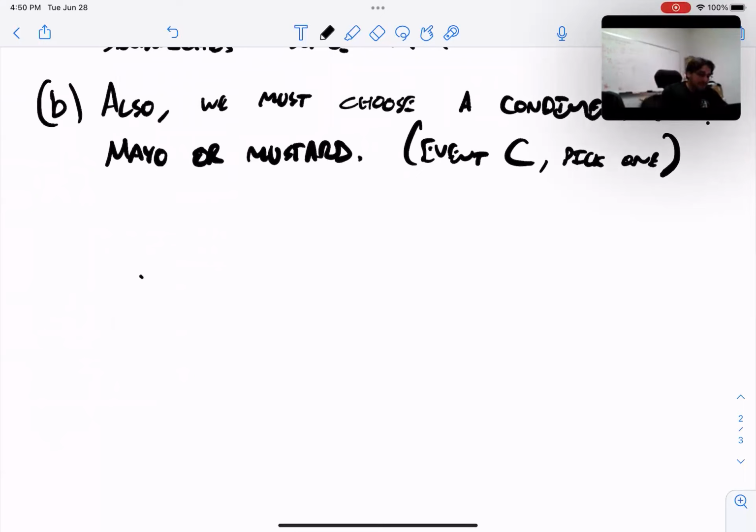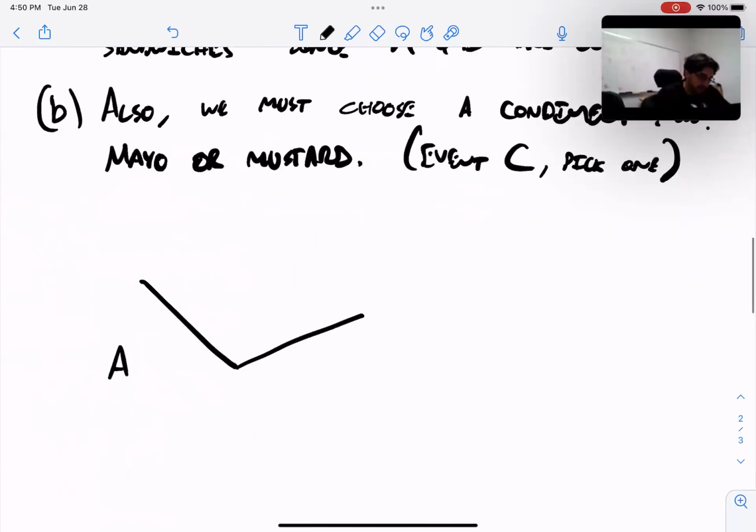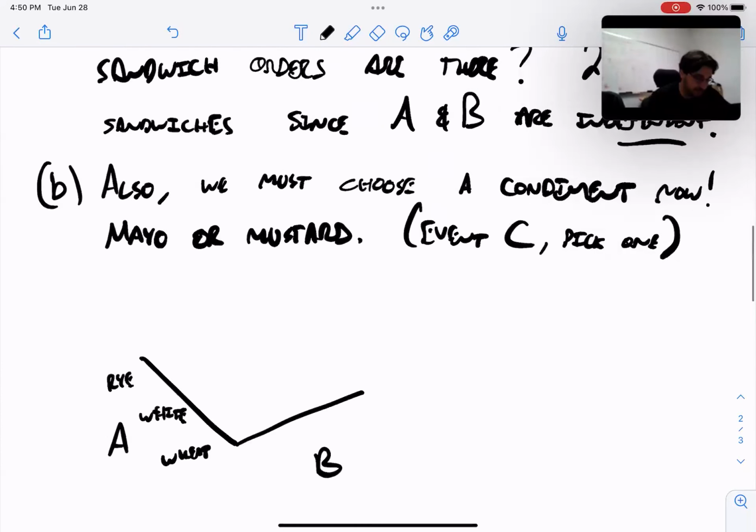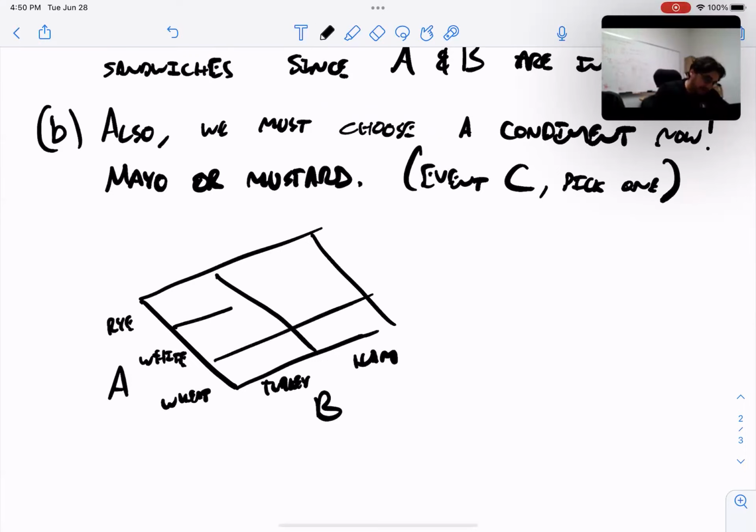Because now you would need 3 axes, right? You'd have event A, so we have our rye, white, or wheat. You'd have event B, which would be the turkey or ham. And so you still have down here these 6 cells representing our 6 sandwiches, like we described before.